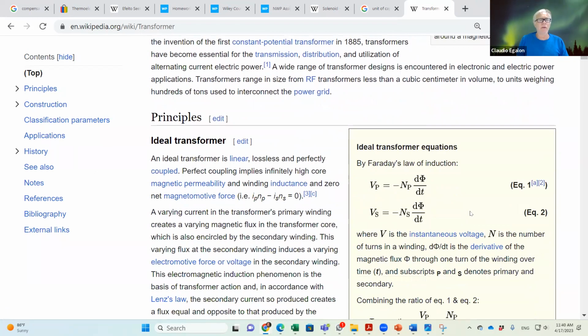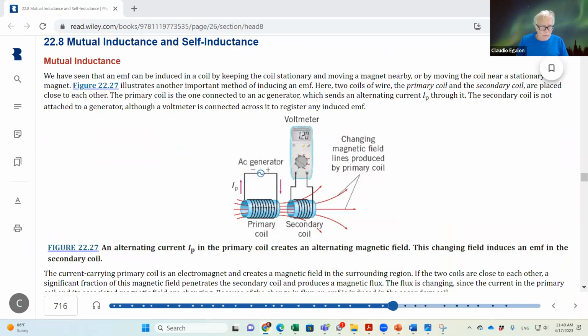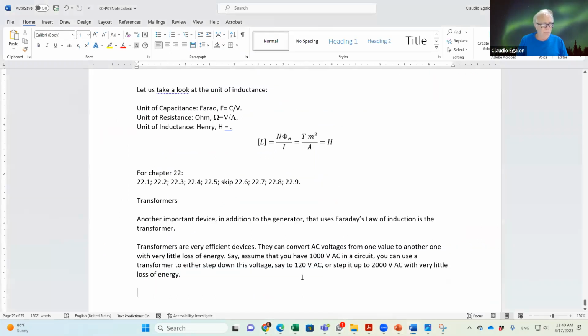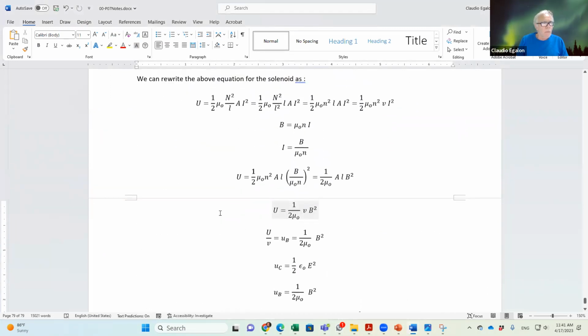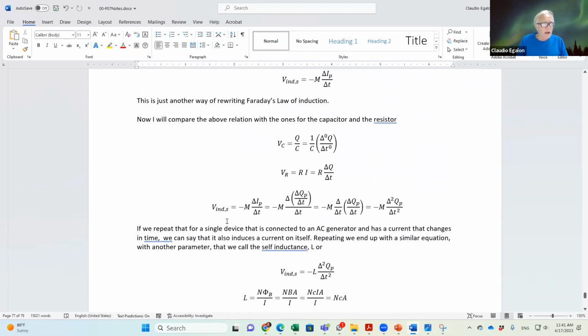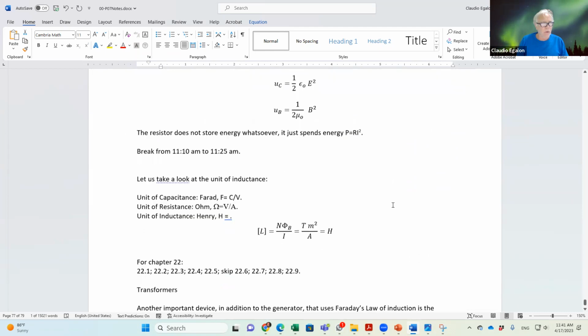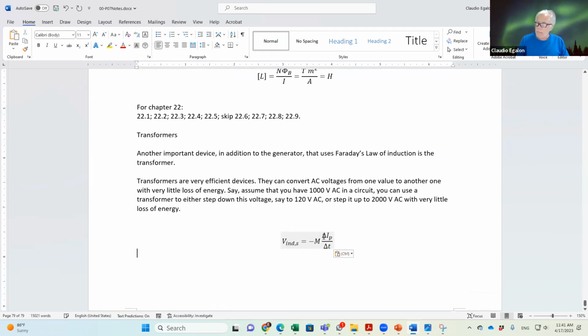And then let's see, here you go, here are the equations. I'm going to write down the equations in a better format for you, okay? So going back here, my notes. We already did something similar before, but I'm going to do that again with the specific goal of illustrating the transformer. So here you go.